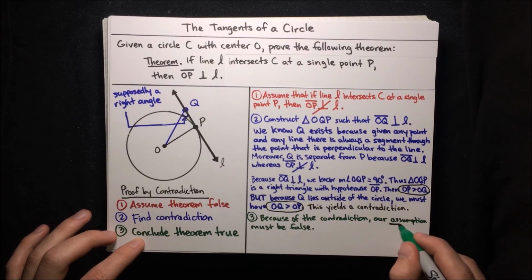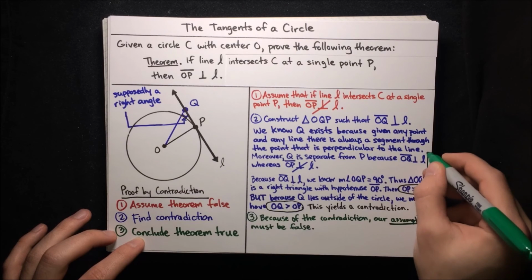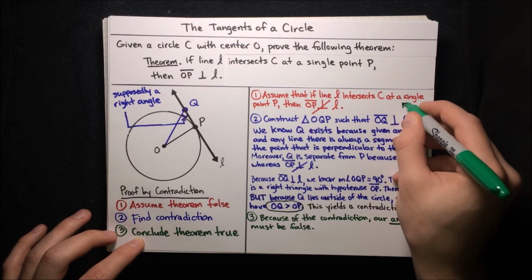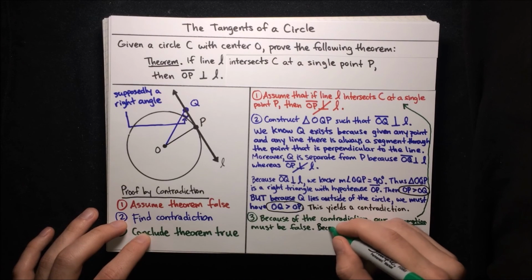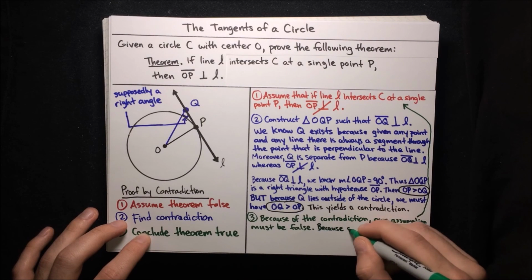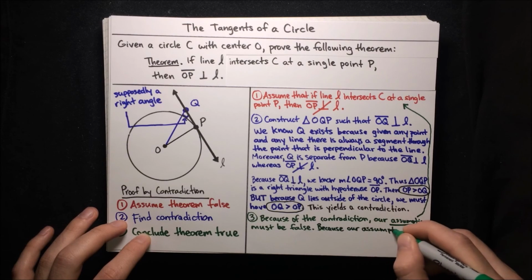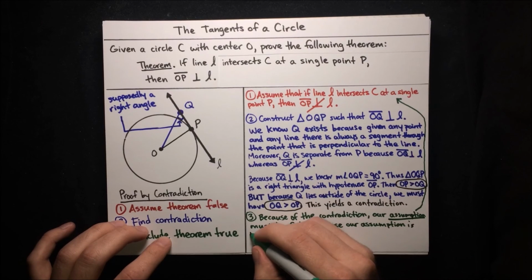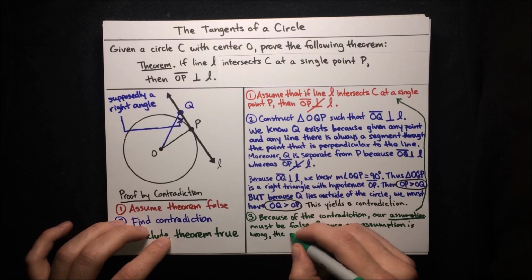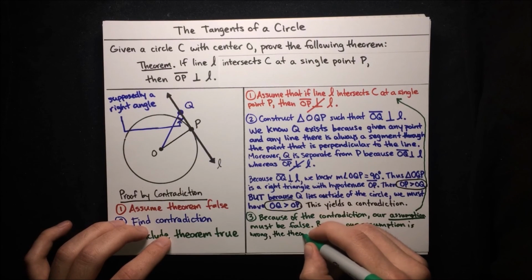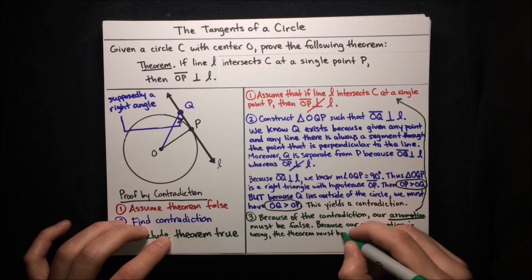And the assumption here that we're referring to was the assumption that we made in step 1 here. The assumption that the theorem itself was false. So then, because our assumption is wrong, the theorem must be true.